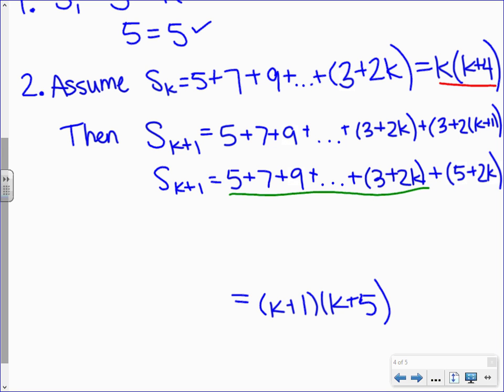What I am underlining in green, do we know anything about that? Okay, we know it is this right here. So I can take 5 plus 7 plus 9 all the way up to 3 plus 2k, and we already assumed that it equals k times k plus 4.